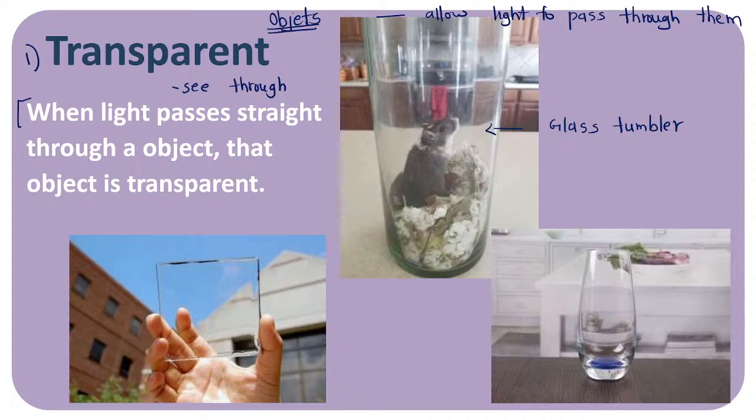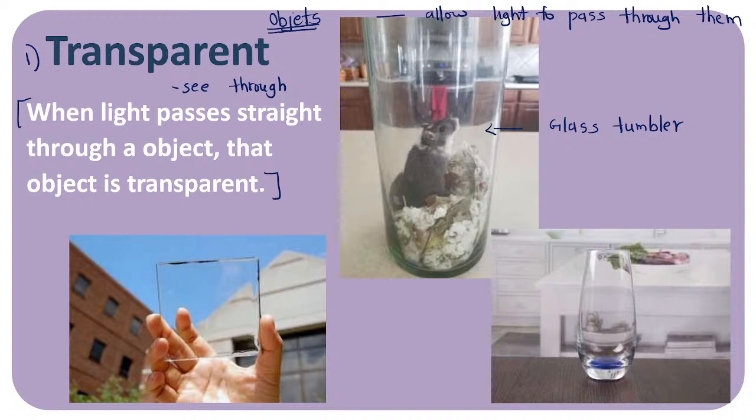We know that light makes things visible. So those objects which allow light to pass through them and you can see things through them are termed transparent objects. If you get a question in the exam, what are transparent objects? What do you write? Transparent objects are those objects which allow light to pass through them. Those are called transparent objects.